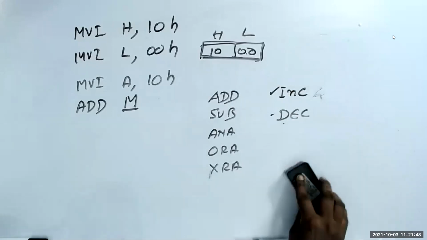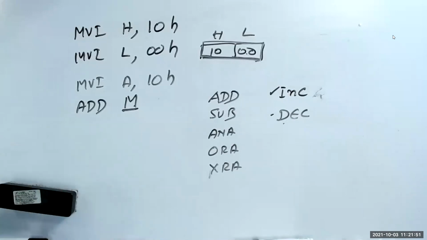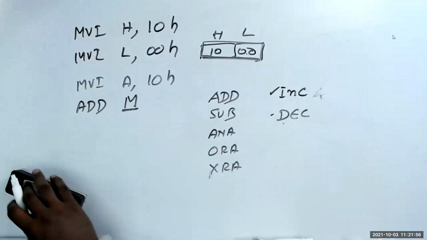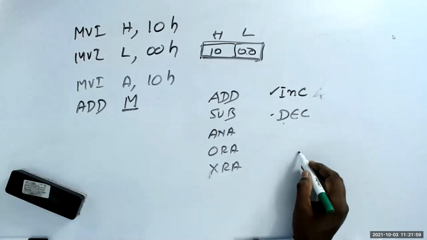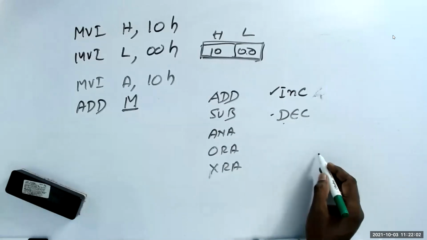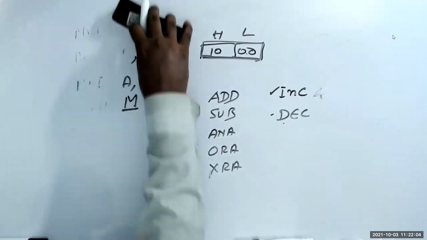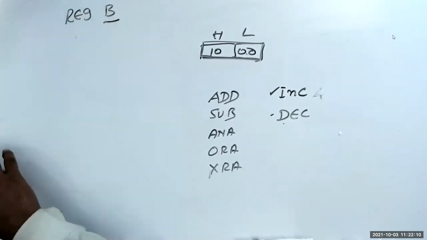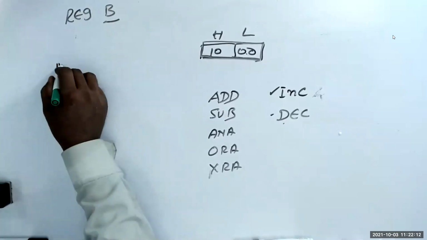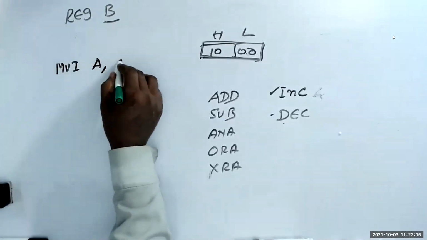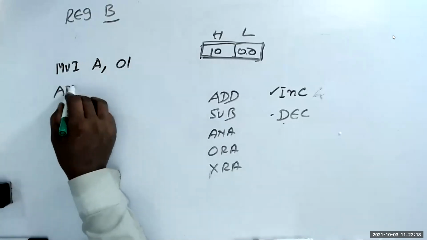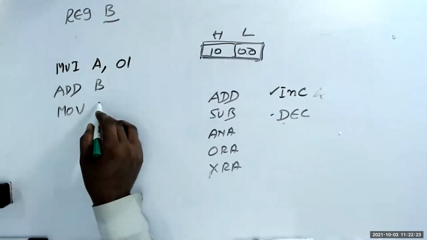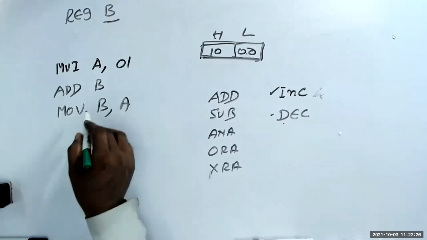The thing is that it saves lots of your time. Otherwise you have to do add, move immediate, add, and everything. For example, let us assume I want to increment register B. I say move immediate A, comma 01, add B, move A to B. See that?